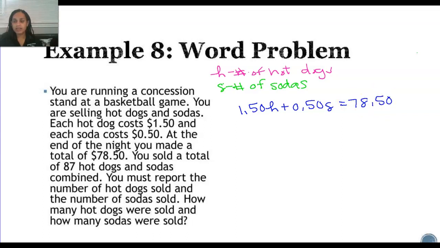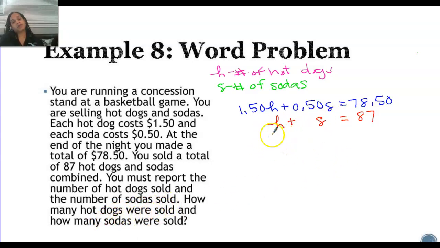The next equation isn't quite as intuitive to figure out, but it says you sold a total of 87 hot dogs and sodas combined. So the number of hot dogs plus the number of sodas combined that you sold was equal to a total of 87. It says you must report how many hot dogs were sold and how many sodas were sold.